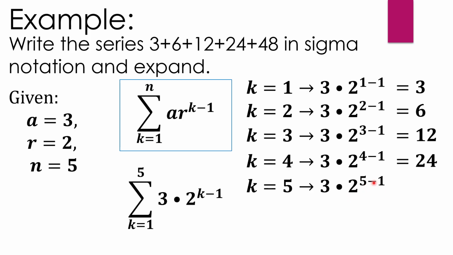Then 2 to the fourth power, then multiply by 3, that is 48. Then simply add all our answers here, and our sum using sigma notation is 93. Same as our answer earlier, wherein we just simply got the sum of the geometric series.